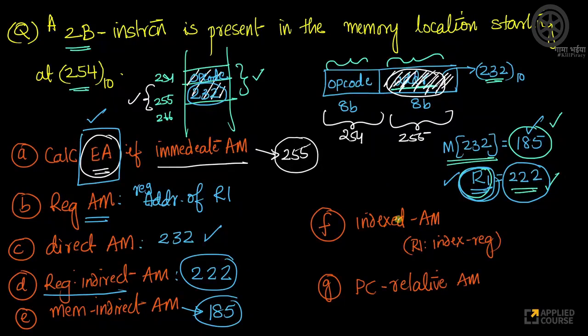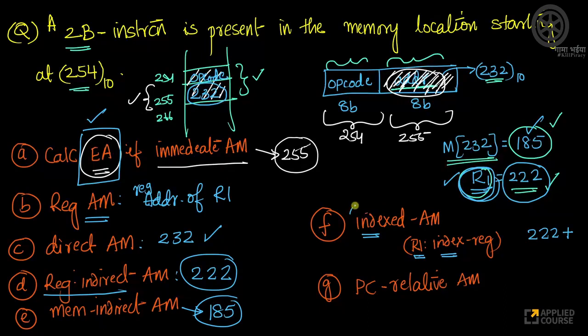Now let's look at indexed addressing mode. Imagine I'm using indexed addressing mode where R1 is the index register. In indexed addressing mode, you have an index register. The index register value is 222, and I will use this as my base address.